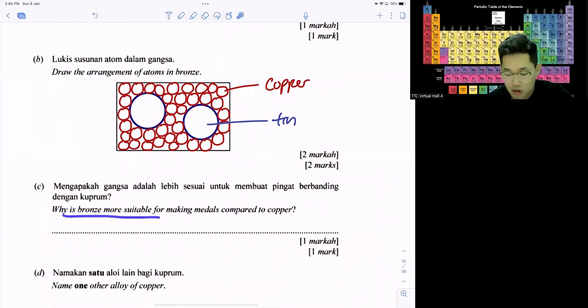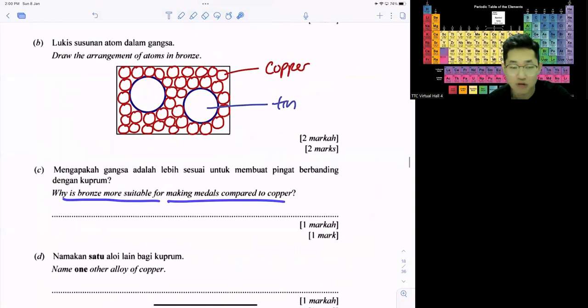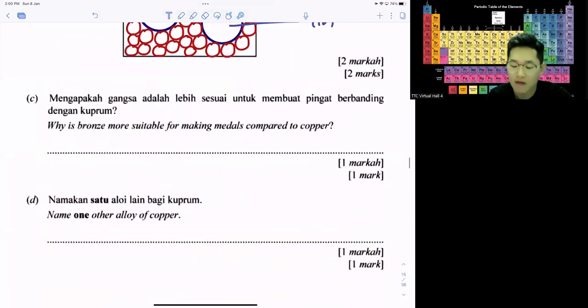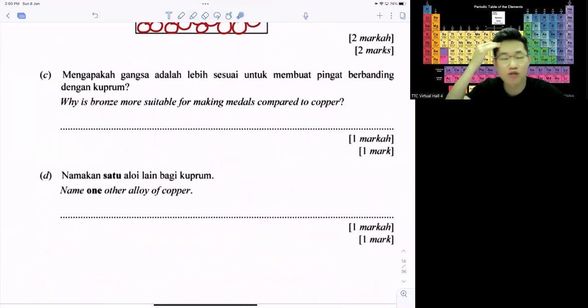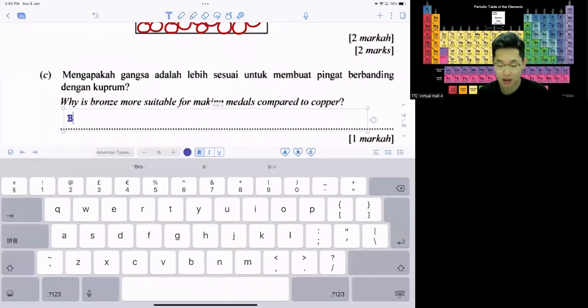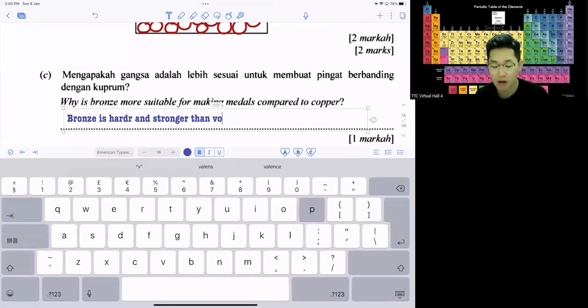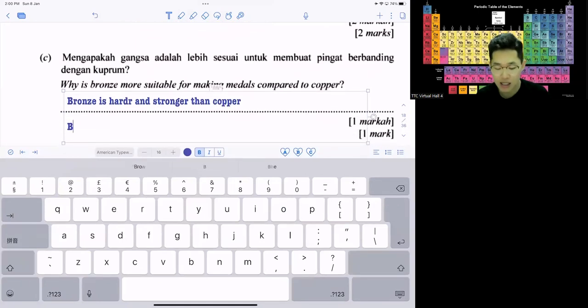Why is bronze more suitable for making medals compared to copper? Okay, why do we use bronze instead of copper? Every time they ask you why you choose bronze, I mean why you choose alloy, I can say bronze is harder and stronger than copper. I can say bronze has a better appearance.